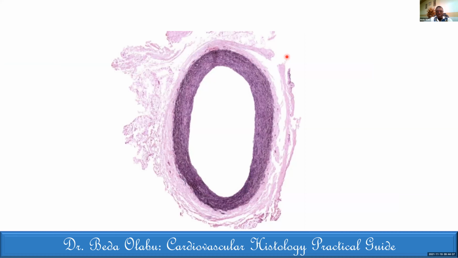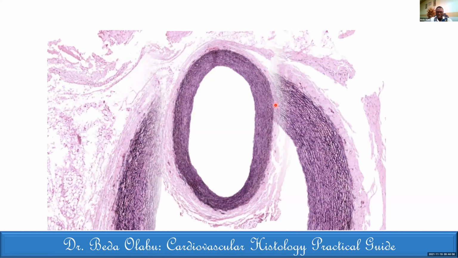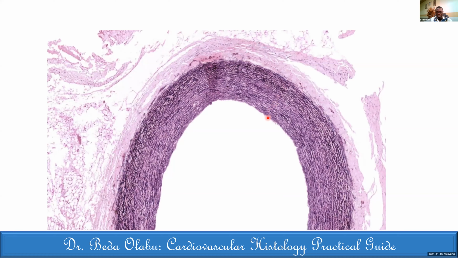In this other image, we still see a blood vessel. So that's the lumen, this is the wall, that's tunica adventitia. This tunica adventitia seems more prominent than the previous one. But a closer look at the wall still displays that the tunica media contains several layers of elastic fibers.